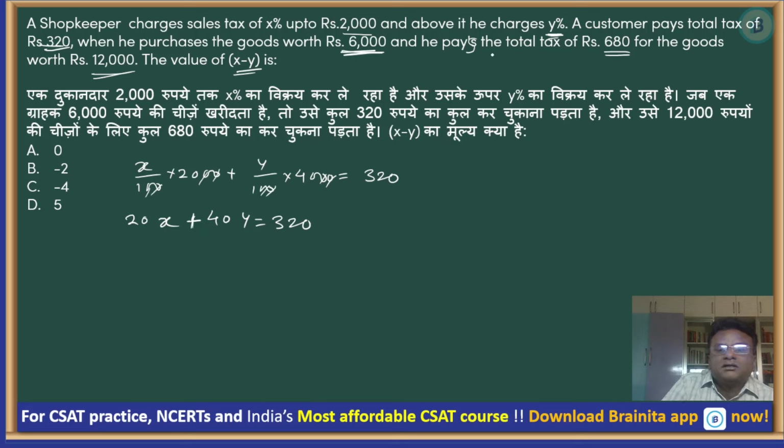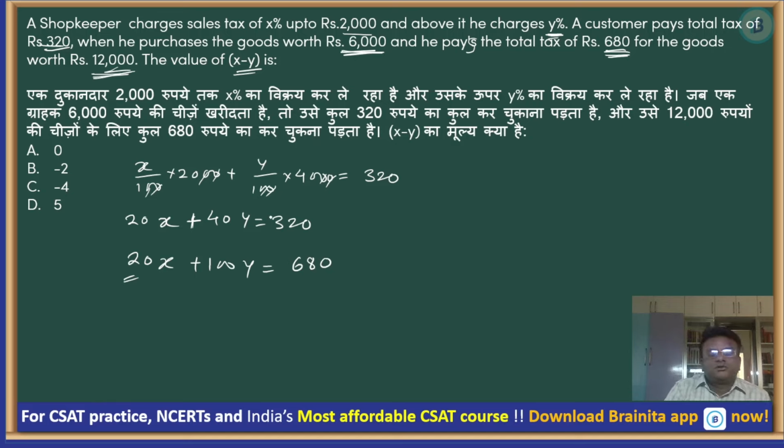There is another thing. Total tax of 680 for goods worth rupees 12,000. So here also we will get 20x. Here instead of 40y we will get 100y, because he has already paid tax on the first 2000. The remaining amount is 10,000. We will get 100y equal to 680 minus 20x.